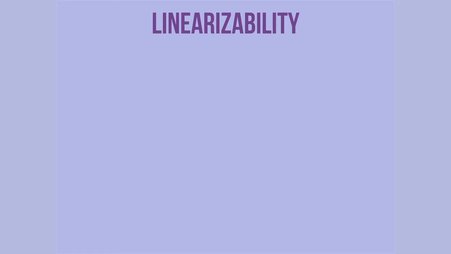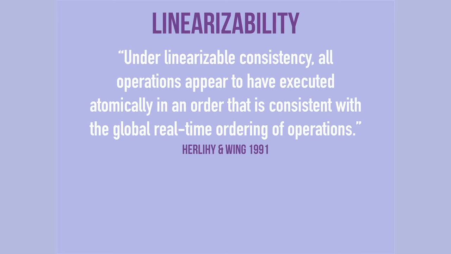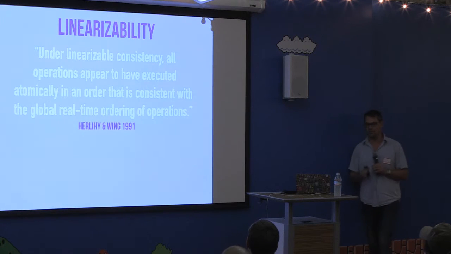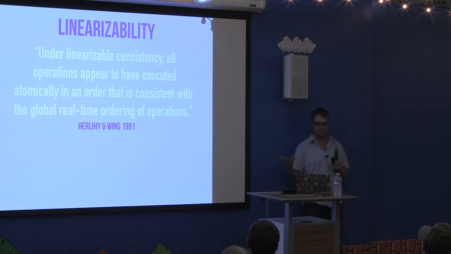But first, what is linearizability? Since it proves that it's not possible in a distributed system, at least not in a fully available scenario. Herlihy and Wing in 1991 defined it as: under linearizable consistency, all operations appear to have executed atomically in an order that is consistent with the global real-time ordering of operations.